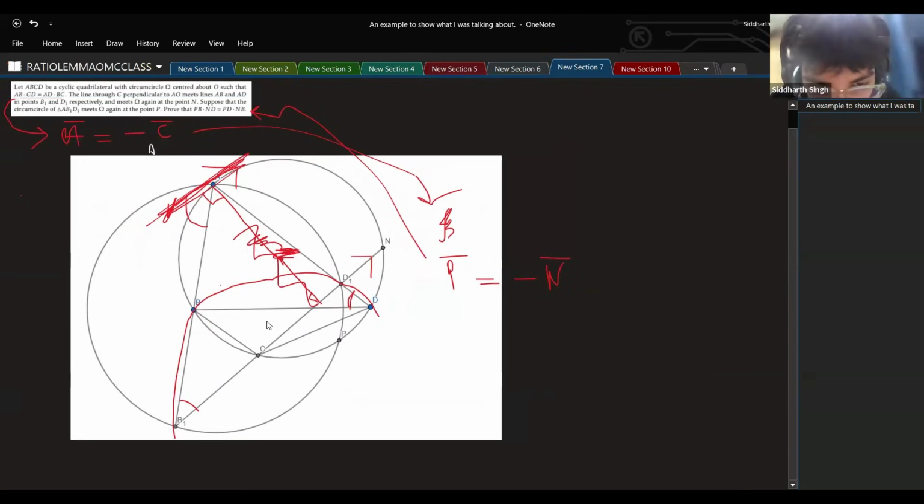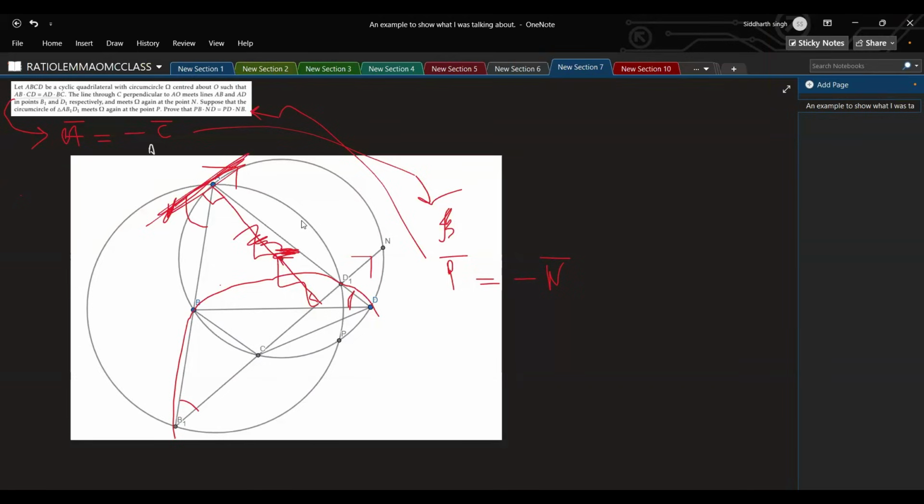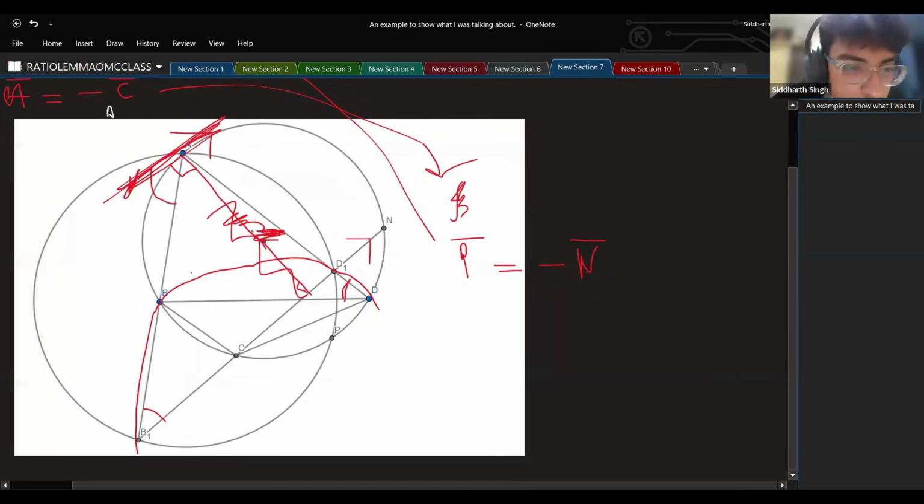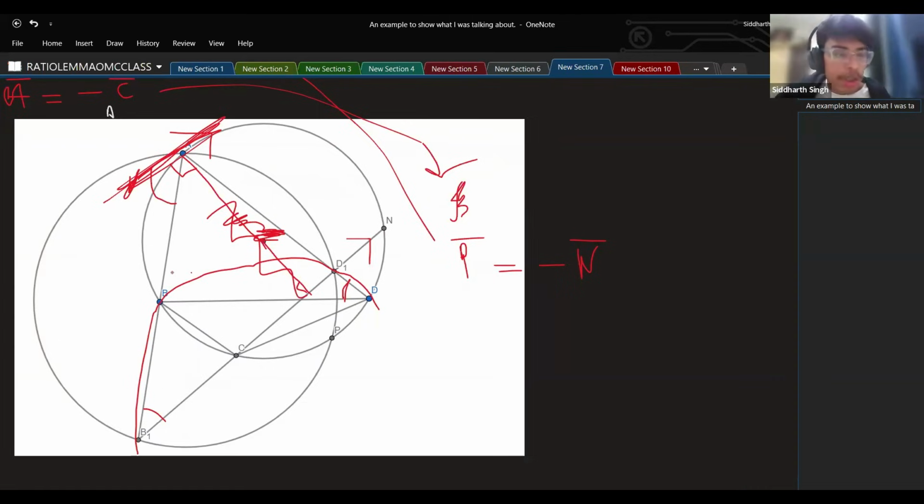So we want to try to find some stuff based on this. Can anyone spot some stuff? So what is our new definition of B1 and D1? Just ignore the definition for now. Just ignore everything. The definition remains the same.